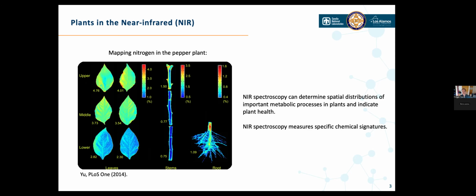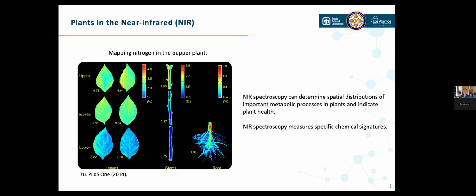Now, I'm in New Mexico, Los Alamos National Laboratory in New Mexico. We're known for our chilies, and so this is an interesting little study that I saw of a pepper plant, where they used IR spectroscopy to look at where the nitrogen was in the plants, where does it concentrate? In particular, what's fascinating about the study was you could see nitrogen concentrating on the upper leaves and less concentrated in the lower leaves.